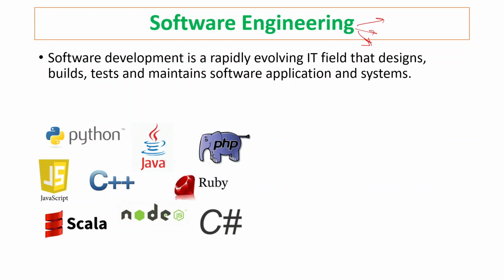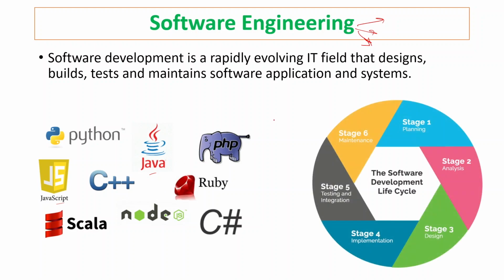No need to master all these languages, but it is better to master a few based on your work environment. If you are going to become an Android application developer, then you should know Java, Kotlin, this kind of thing. If you're going to build a web application, then you should know JavaScript, Java, Python, PHP, this kind of thing, or else you can move into a framework.